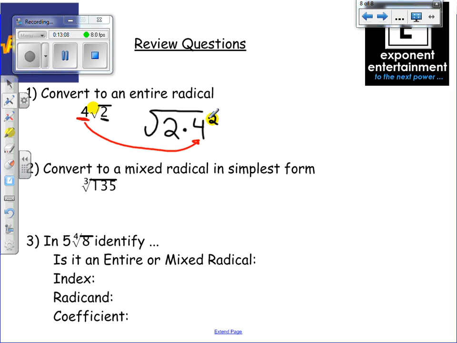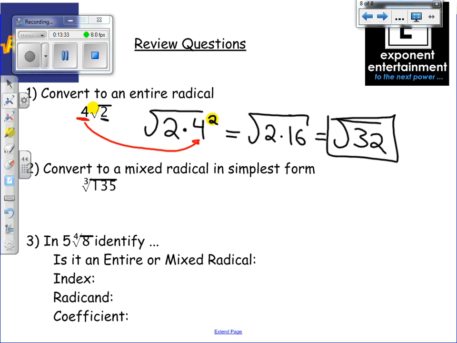Carter, 32. Who agrees? Forrest agrees. So we got that by going square root of 2 times 16 equal to the square root of 32. 16 came from 4 squared.